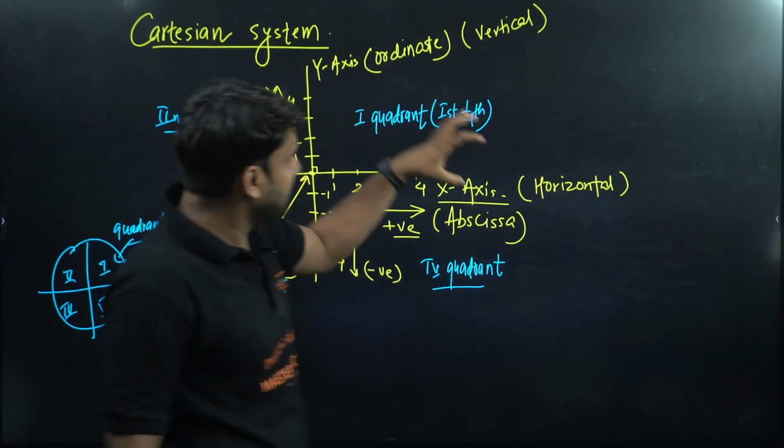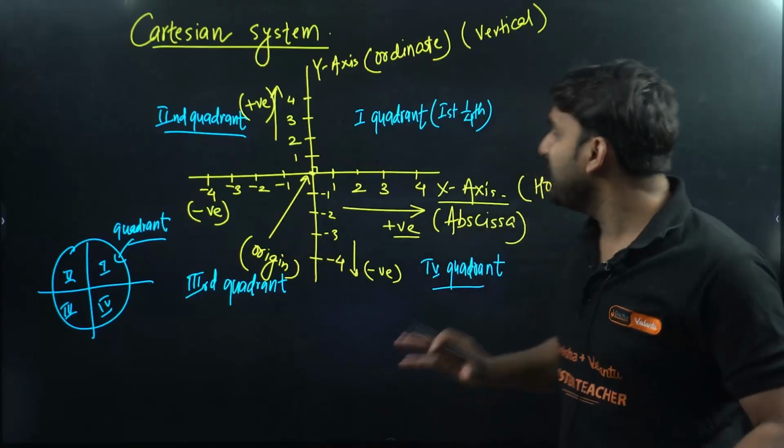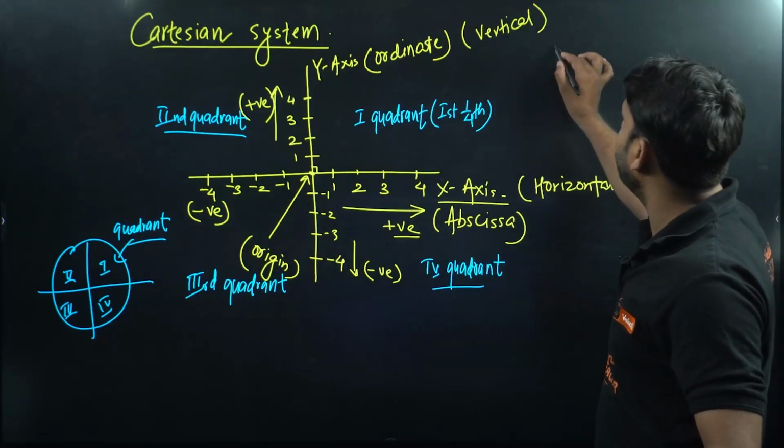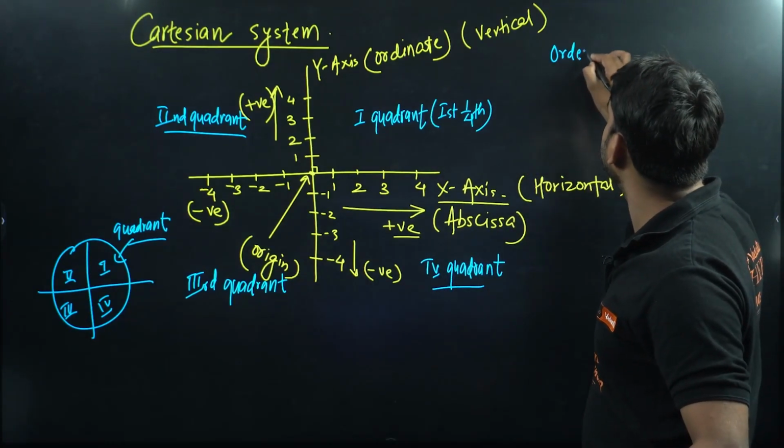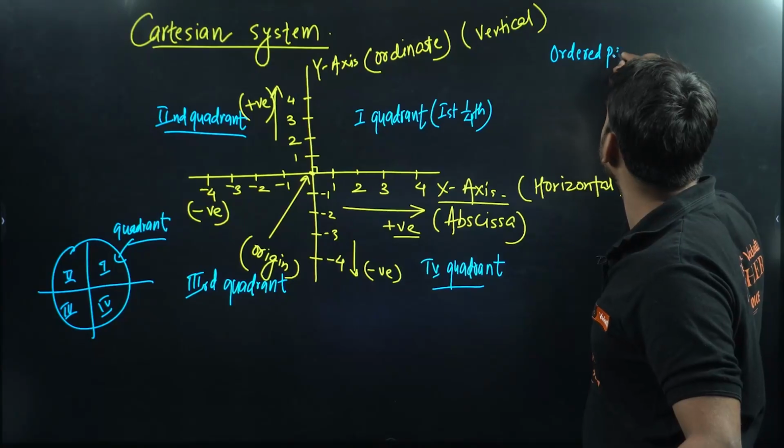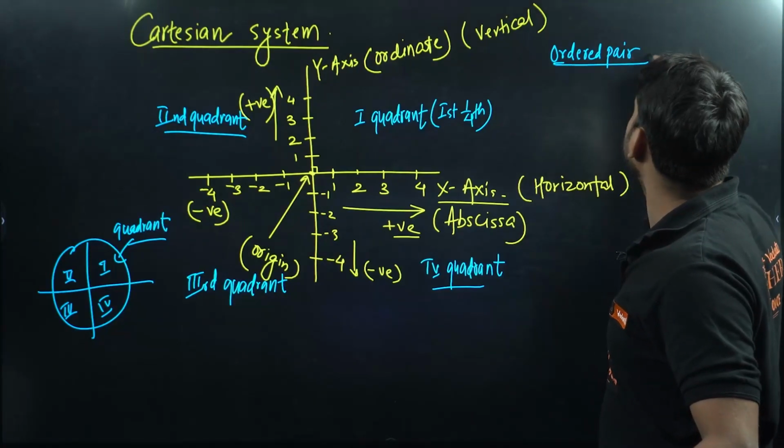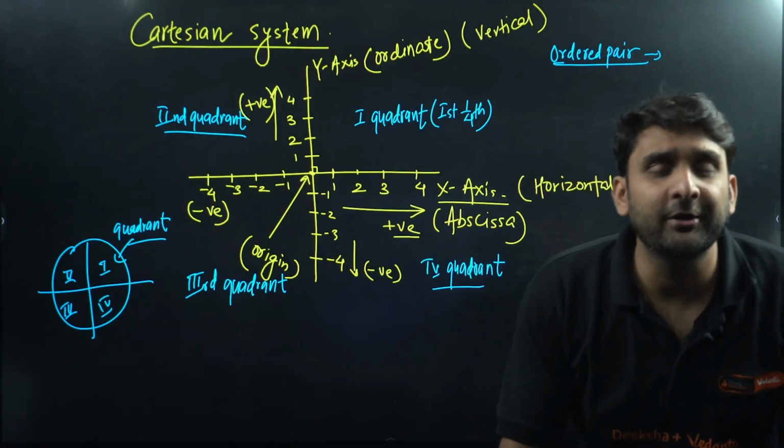Now, after getting these things, the next point that comes up here is the ordered pair. This is very important, ordered pair. Now you might be thinking, what is called an ordered pair?